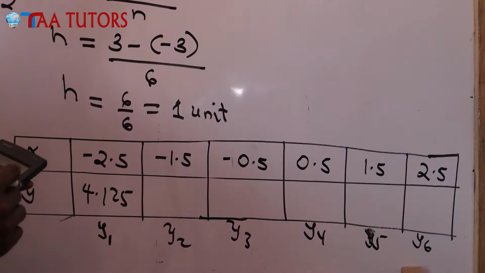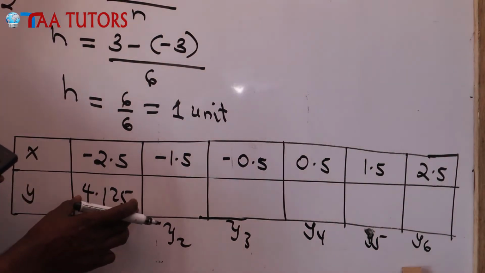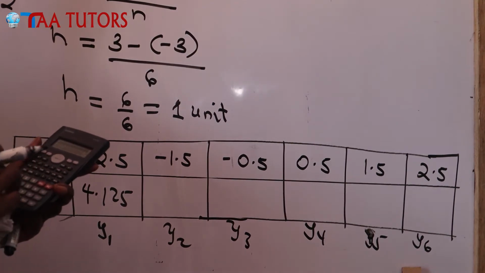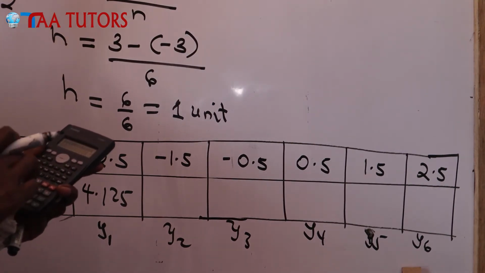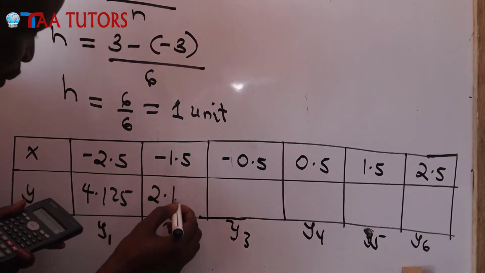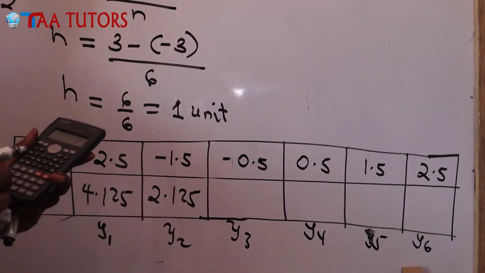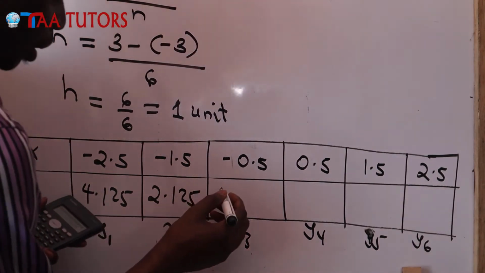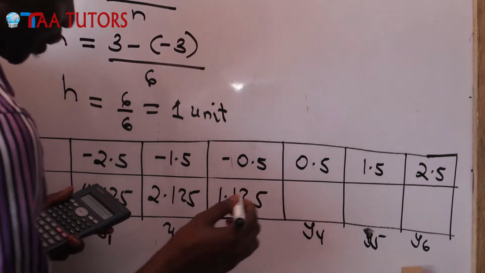And that is going to be 4.125. Then I know that that one will be the same as the other value there. So let me go 0.5 into negative 1.5 squared plus 1. That is 2.125. Then 0.5 into negative 0.5 squared plus 1, I get 1.125.